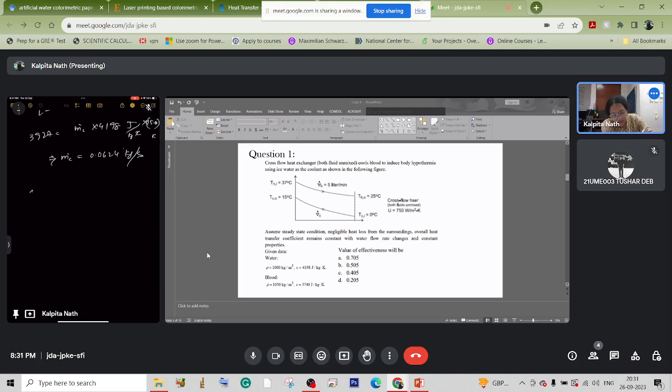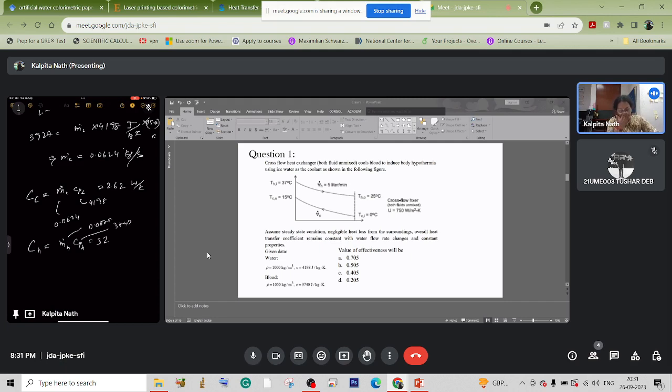First, let us calculate the heat capacity for the cold fluid, that is mc dot cpc. That will come out to be 262 watt per Kelvin, because this is 4198 and this is 0.0624. And Ch is the heat capacity for the hot fluid, mh dot cph, this is 0.0875 and this is 3740.